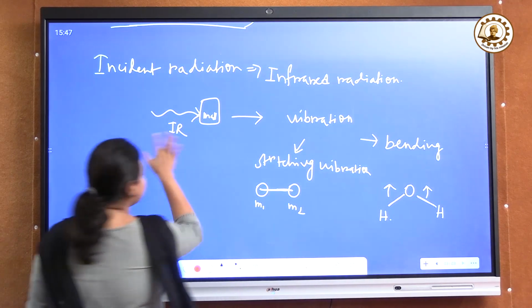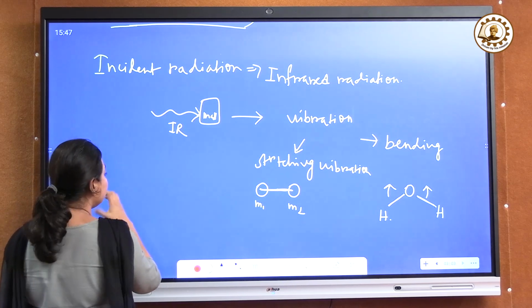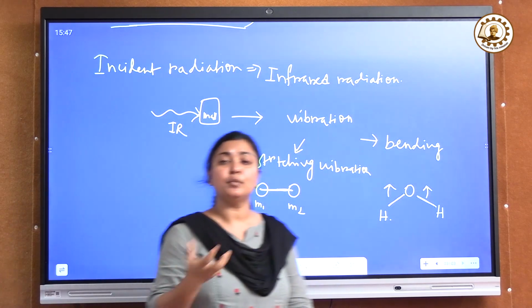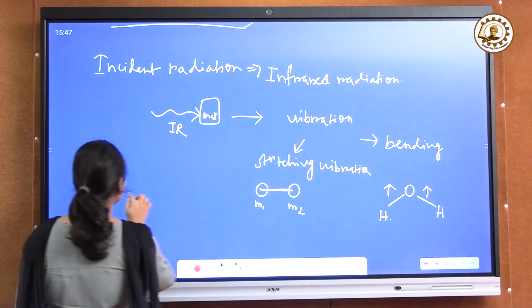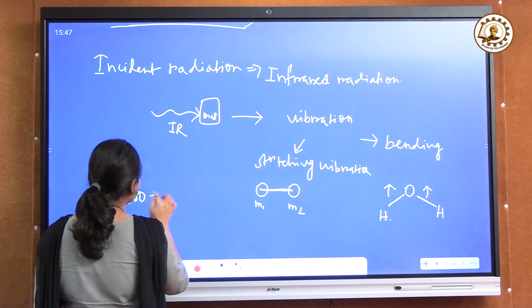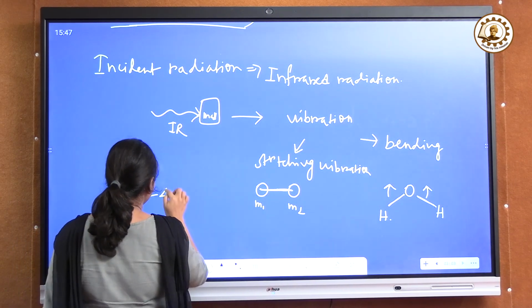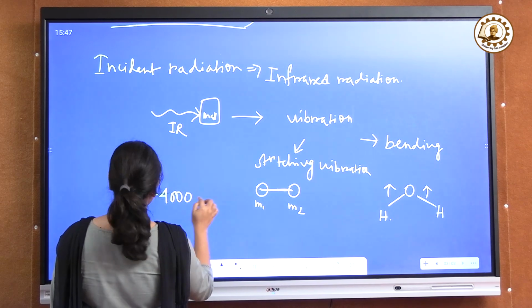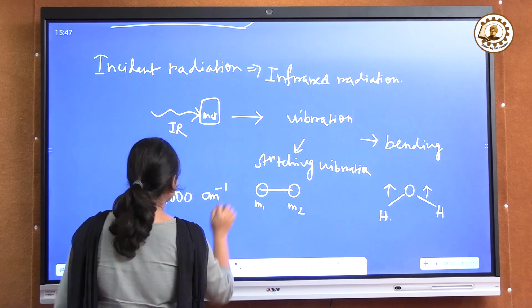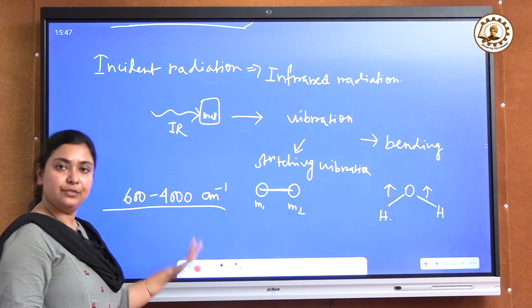Now this infrared radiation is basically shown in the form of transmittance, and the wavenumber region that it involves is 600 to 4000 centimeter inverse.